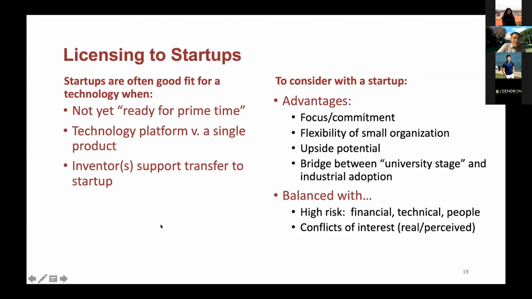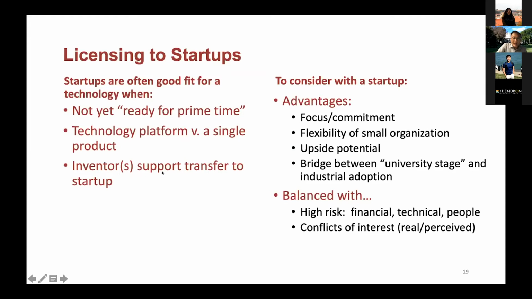Again, for licensing versus a startup, startups are often a good fit for technology not yet ready for prime time. That means it takes time to mature. And also technology platform versus a single product: if it's a single product, it has not become a technology platform yet, so it may be suitable for a startup.